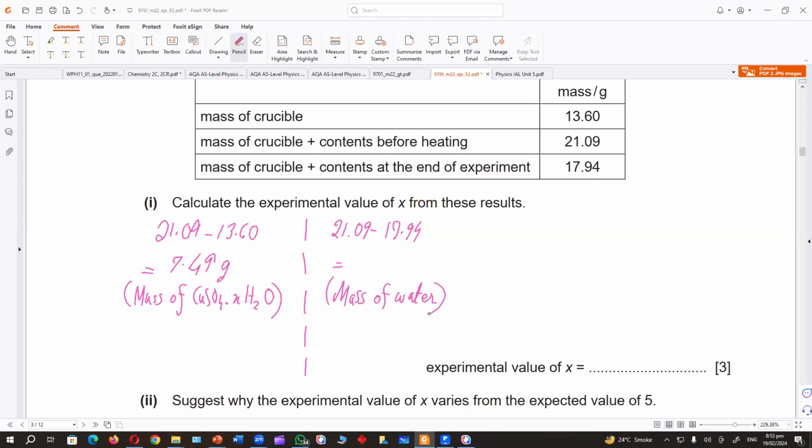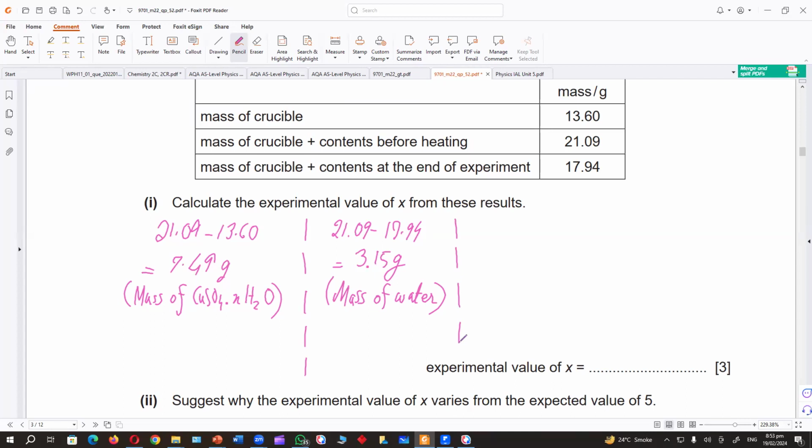It will be 3.15 grams. I was thinking that this 3.15 gram should be the mass of water. Shouldn't we subtract it from the 7?